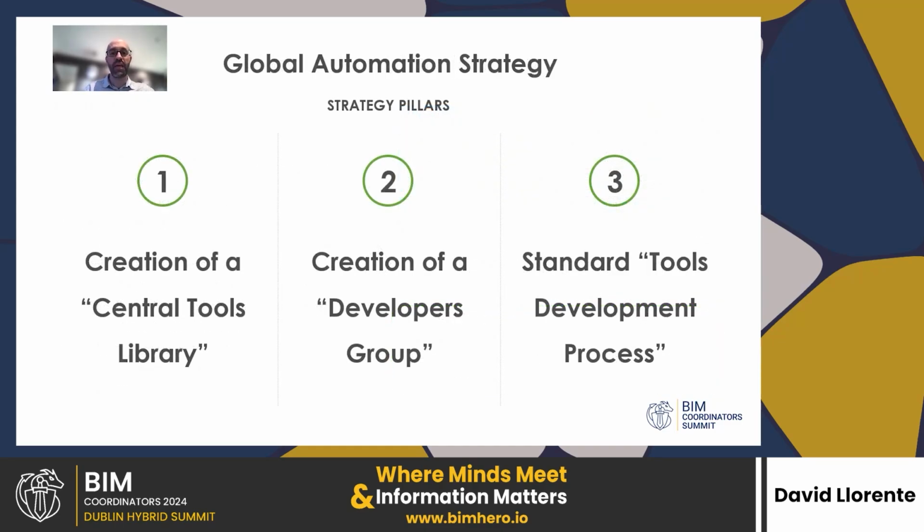The main pillars of our automation strategy were the following. First of all, the one we are going to dedicate more time to, was the creation of a central tools library. But we also created a developers group for the whole company and a standard tool development process.